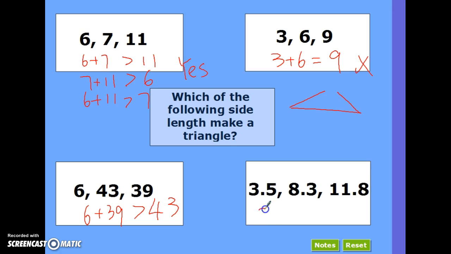And you can notice that 3.5 plus 8.3 equals 11.8. And I just said equals does not work. It has to be greater than the third side. So the third example, this one is yes. Those three measures will make a triangle. But the fourth one is no. If you have three measures like this, they will not make an enclosed triangle shape.